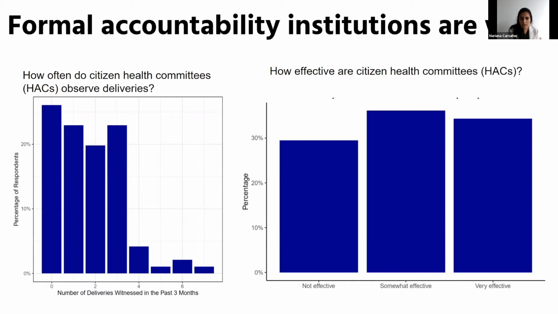And common answers for why HACs haven't been very effective are mostly related to lack of capacity and training. So I think the main takeaway here is that there are issues in reporting and transparency. And if we look at the behavior of the institutions that are supposed to prevent theft, they are also very ineffective. Next.